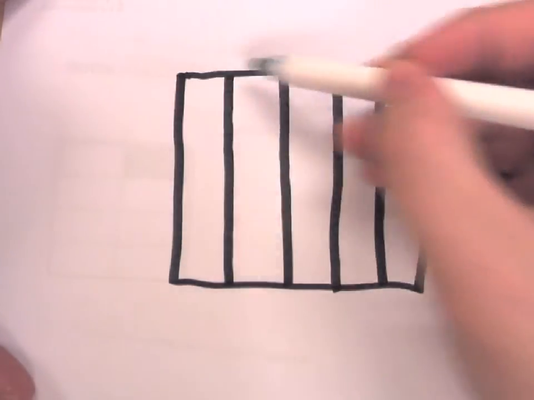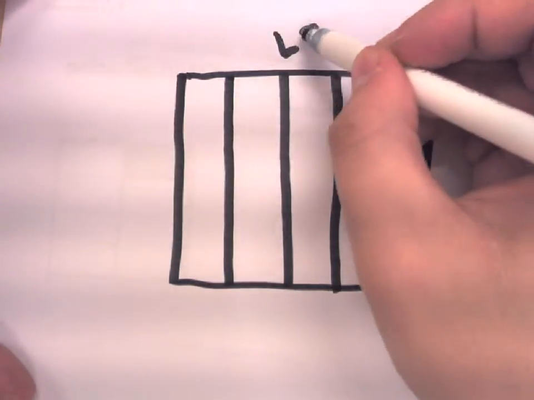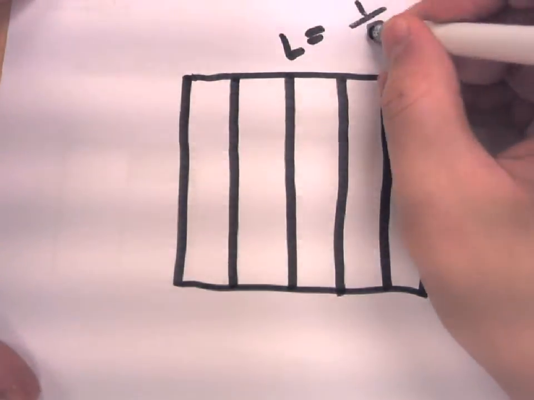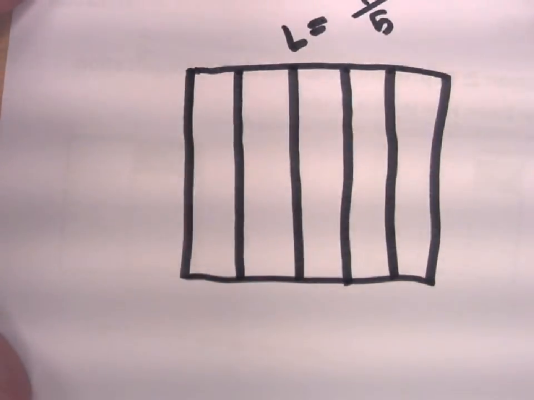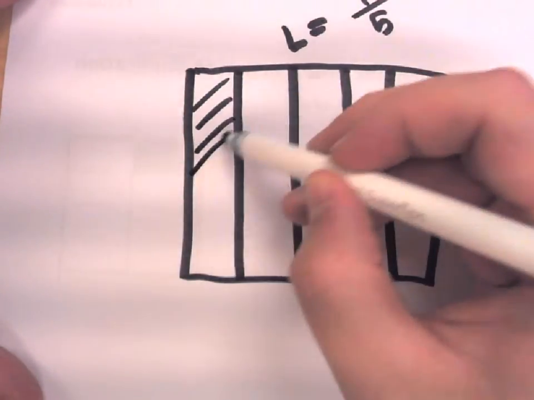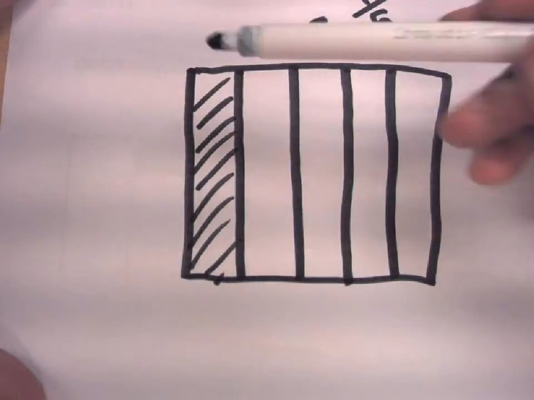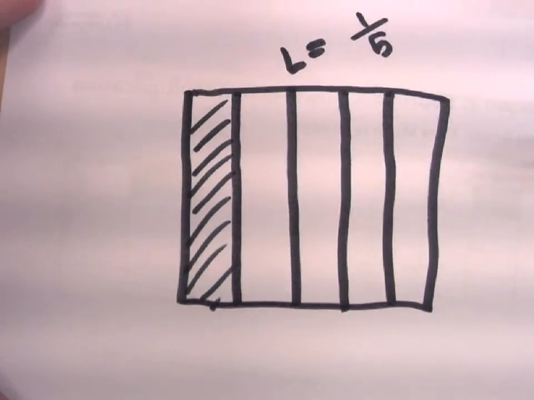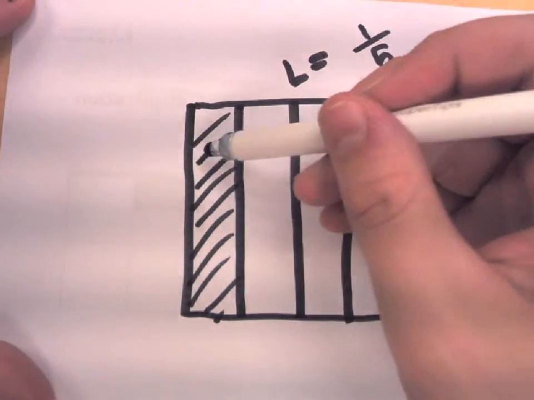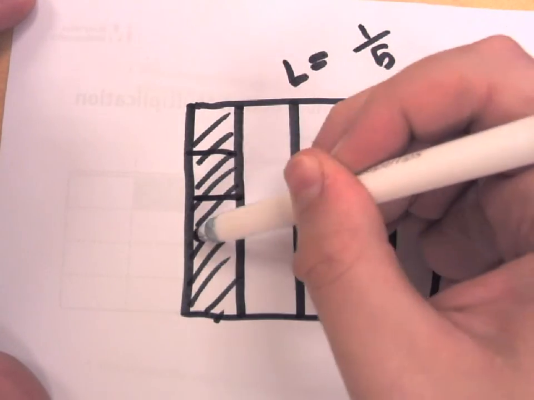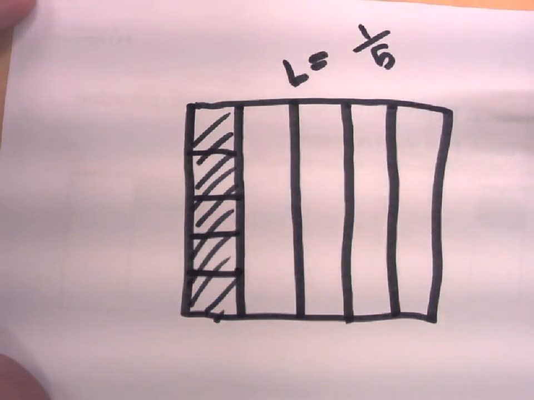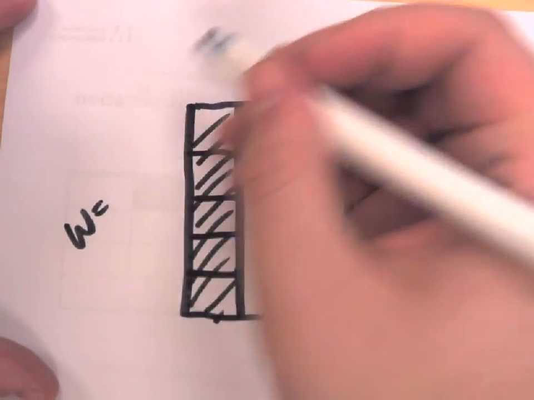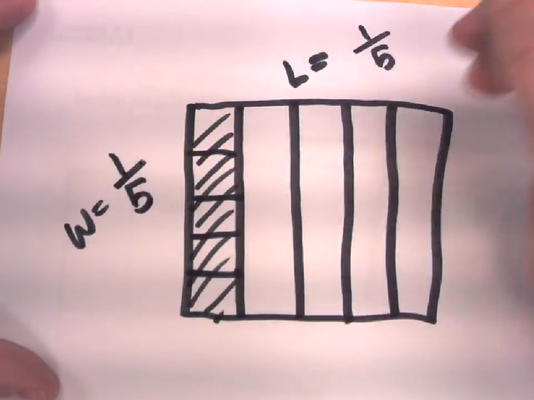In this case, we could call the length of this side a fifth, especially if we colored one of these in here. So this would represent a fifth. And then we could partition this fifth any way we'd like. We could partition this fifth into 5 equal pieces, and that would correspond to a width of 1/5.